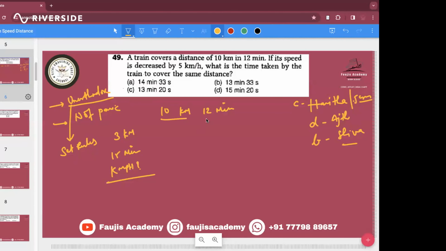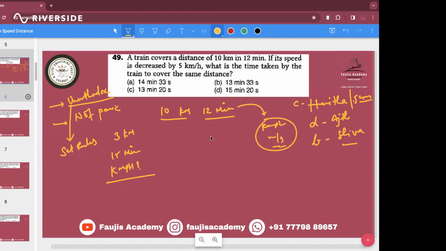If it is 10 kilometers in 12 minutes, our mind essentially goes on to think, okay, fine, we have to turn it into kmph, then meter per second, some sort of calculation we prepare in our mind, right? Okay, but that is not the way.